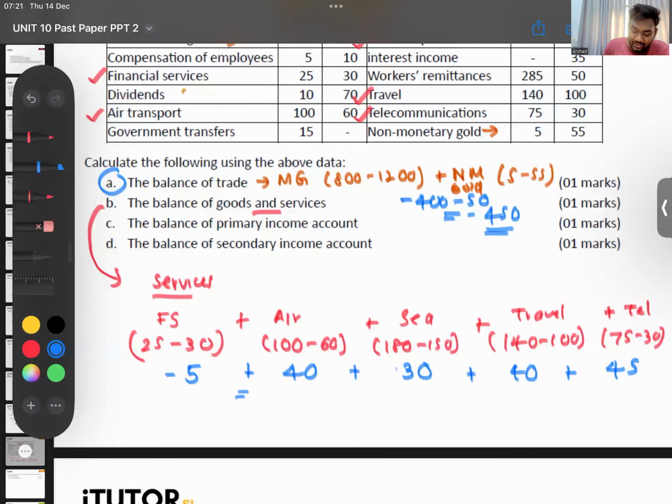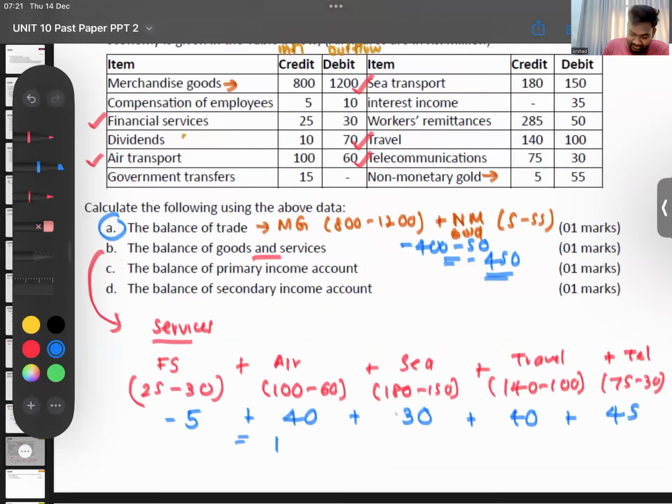Our service account: 80, 125, 155, 150, 160. Is it 160 or 150? Check this. If I made a mistake, you can do the numbers. I get 150. Just check the answer. Have I missed anything? Non-monetary gold, worker remittances, government transfers, dividends.